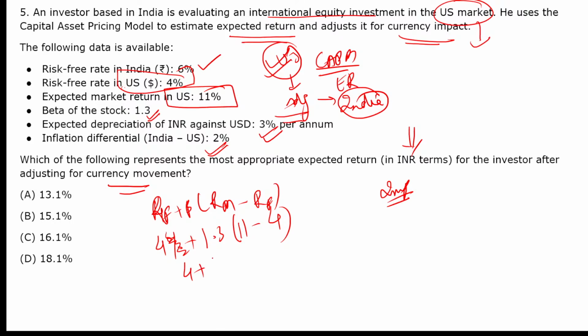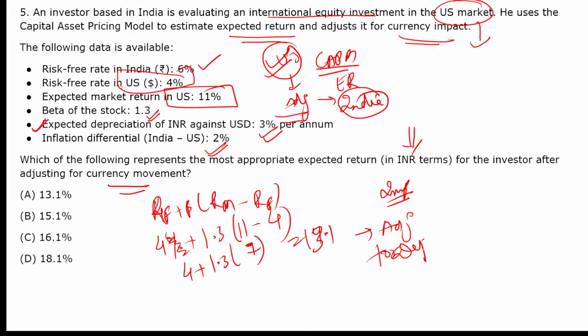So 4 plus 1.3 into 7. What will be the answer? The answer will be 13.1. I have to now adjust it for depreciation.